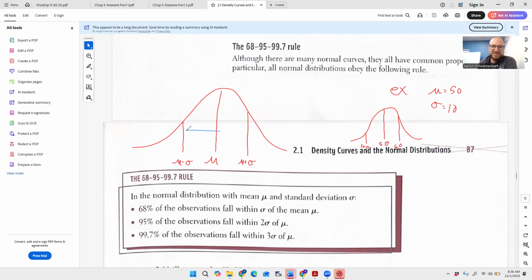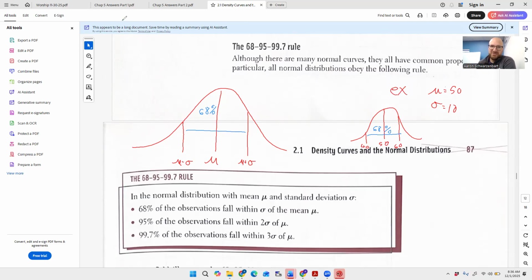68% of kids will fall between one standard deviation below and one standard deviation above, which in the case of the numbers I chose is between 40 and 60. That makes sense? Devin, that makes sense?